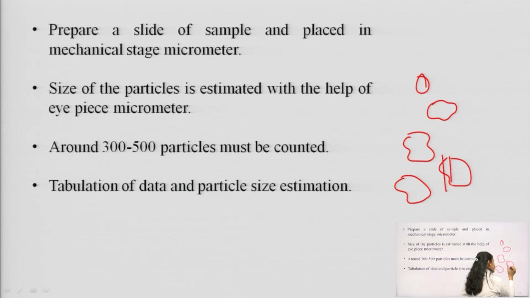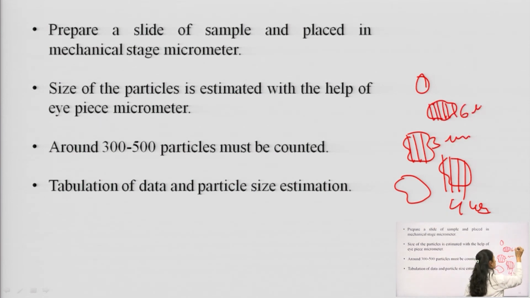So if it is like this, 1, 2, 3, 4, the diameter of the particle is 4 micrometer. Another is 3 micrometer, another 6 micrometer. In this way, we have to measure at least 500 particles, and tabulate all the data obtained from these 500 particles in a table.